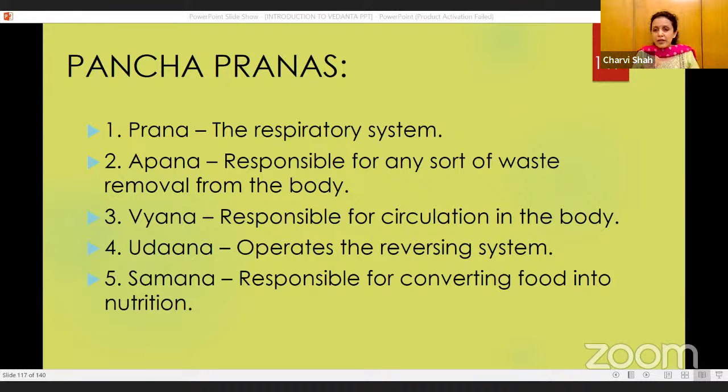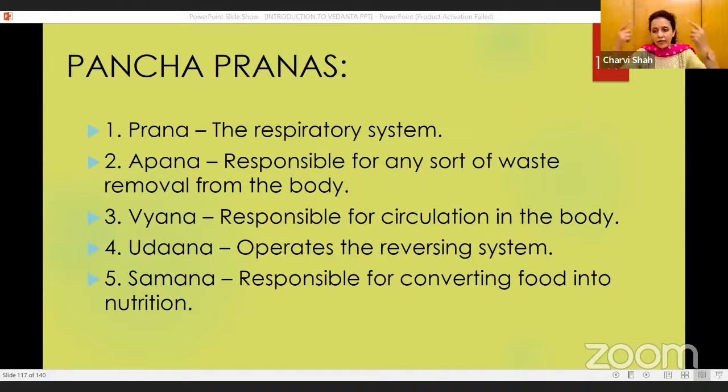The Sookshma Shareeram is ejected out of this Sthula Shareeram with the help of the Udan. It is one of the pranas, Udan. And also other reversal functions at the time of some kind of emergencies. Like if we ingest some toxic substance, it has to be reversed, right? It has to be thrown out of the body. A reversal has to happen.